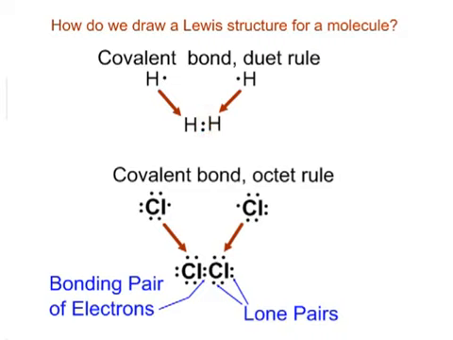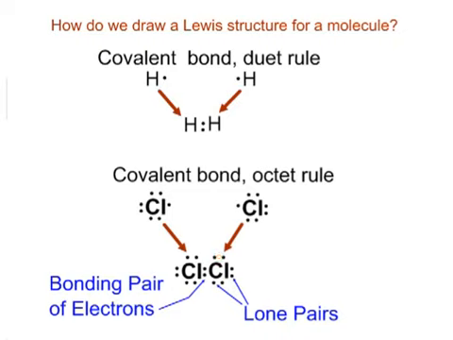If we look at a different molecule that is capable of fulfilling the octet rule, we can look at 2 chlorine atoms. When they bond, we see that this chlorine atom has 1, 2, 3, 4, 5, 6 electrons that are not bonding, and this chlorine atom does as well.